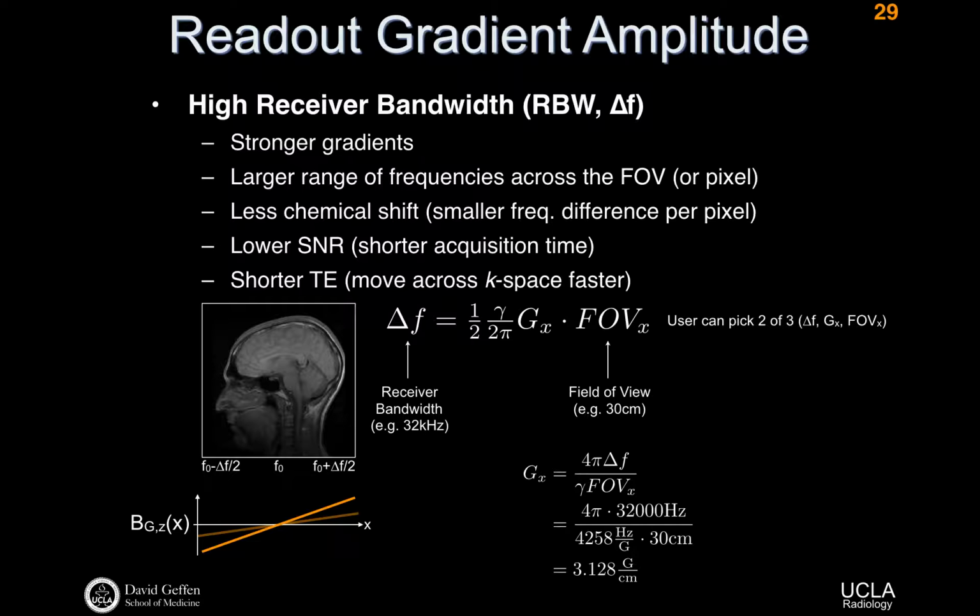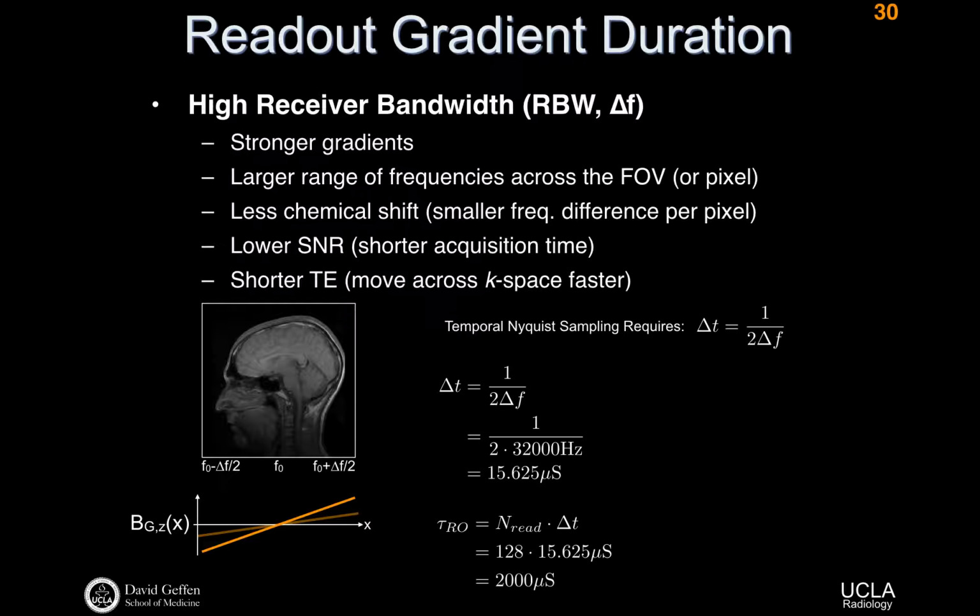And so if we have a receiver system that's sampling the signal at 32 kilohertz, and we have a typical field of view of, say, 30 centimeters, big enough to image the head or something like that, then the gradient strength that we would need for the readout plateau is about 3 Gauss per centimeter. So it's reasonably strong, but again, our range of possible gradient amplitudes is obviously from 0 up to 4, 5, or 8, depending on the system that you're actually using.